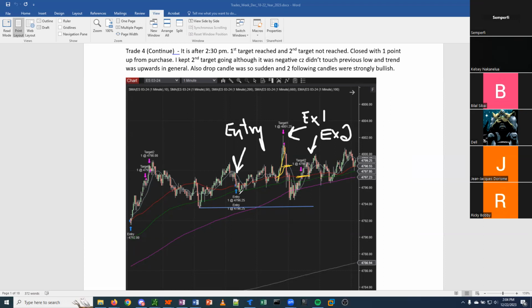Well, this candle was so strong and fast. I didn't anticipate it would go that badly, that fast. Sometimes it'll happen, but you'll start to see the improvement, and you'll start to get better.